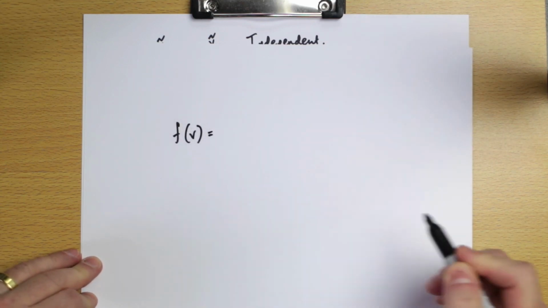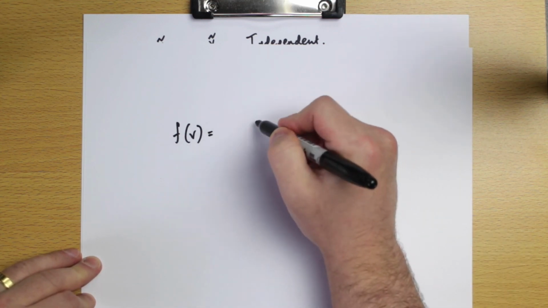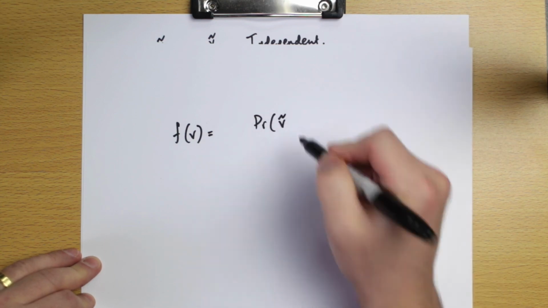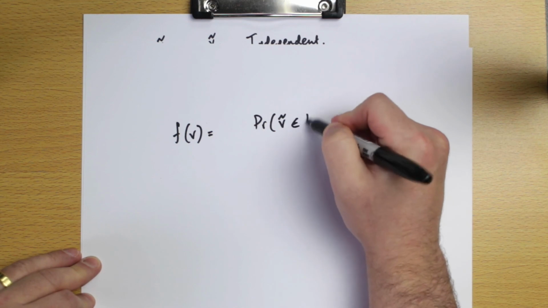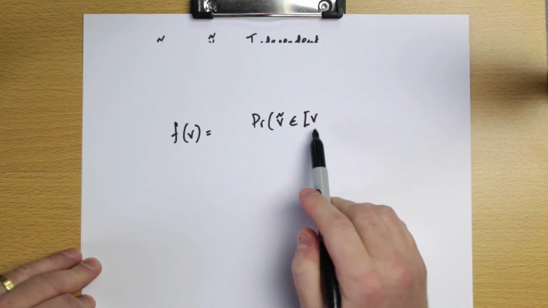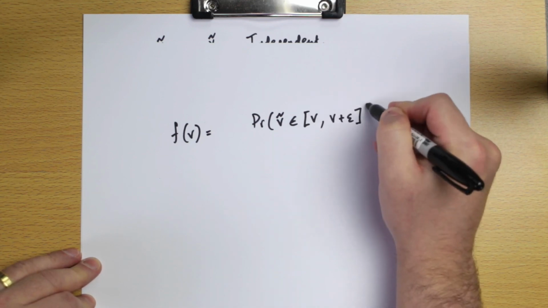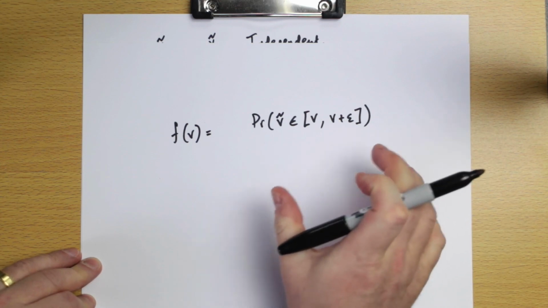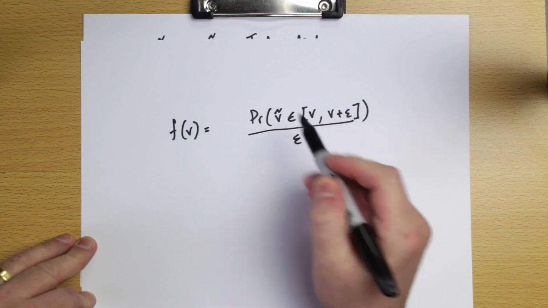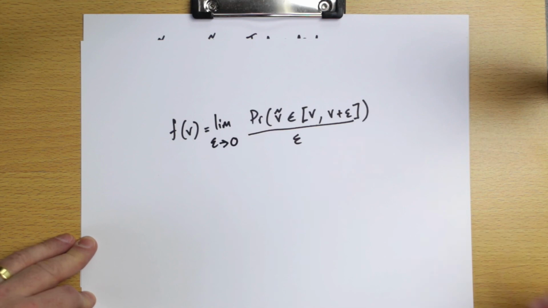If we remember what a derivative is, it's the probability that our random variable ṽ takes a value between v and v plus epsilon, so the probability it takes a value in some small interval, divided by epsilon, then taking the limit as epsilon goes to 0.